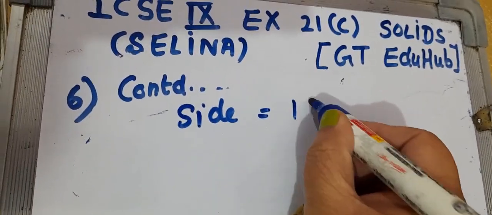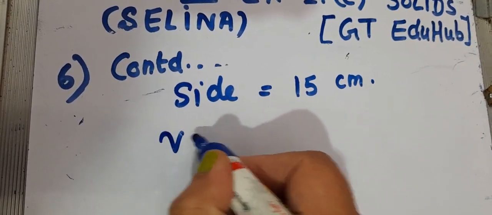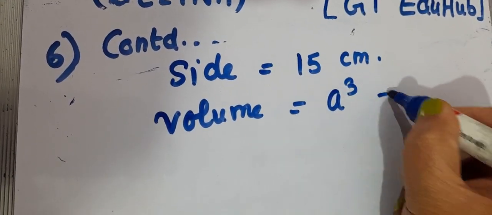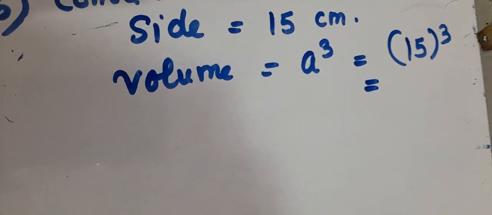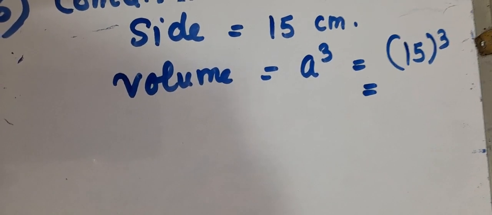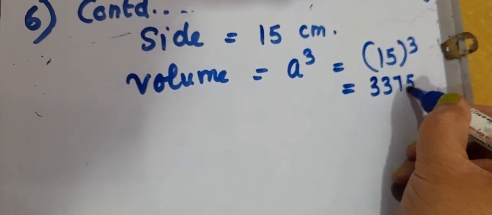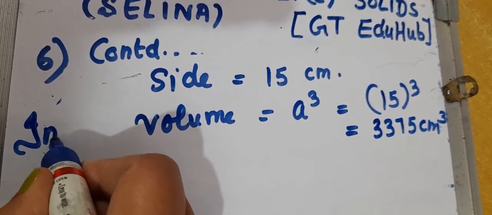So the side is 15 centimeter. First of all we will find the volume. Volume of a cube is a cube, that is 15 cube. 15 into 15 into 15 gives 3375 centimeter cube.